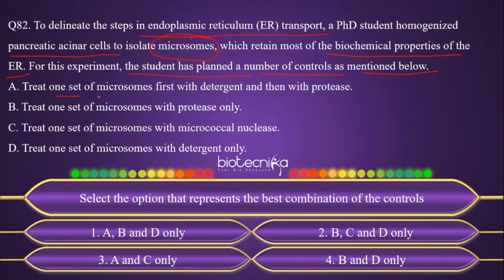Treat one set of microsomes first with detergent and then with protease. Second, treat one set of microsomes with protease only. Third, treat one set of microsomes with micrococcal nuclease. And fourth, treat one set of microsomes with detergent only. So you have to find out the correct combination of controls.